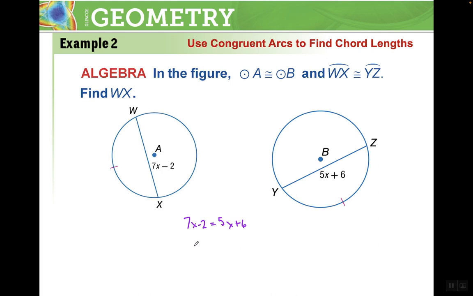I'll subtract 5x and get 2x. I'll add 2 and get 8. And I get that x equals 4. Since it wants you to find WX, then you'll just plug that in. So 7 times 4 is 28, and 28 minus 2 is 26. So that's your answer. And since they're equal lengths, you could have plugged it into here as well and got 26.